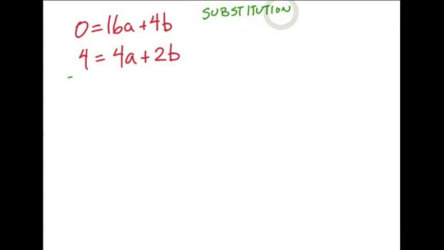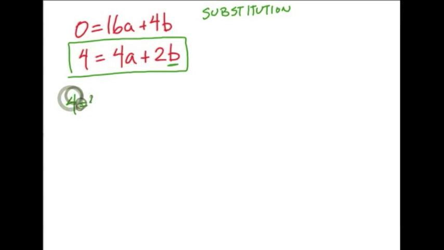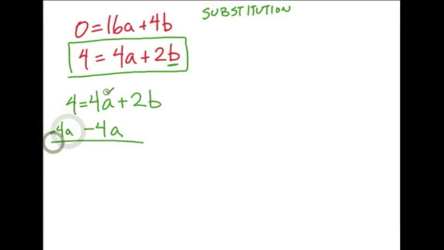So I'm going to take this equation right here, and I'm going to get b by itself. So in order to do that, I'll subtract 4a. 2b equals 4 minus 4a.